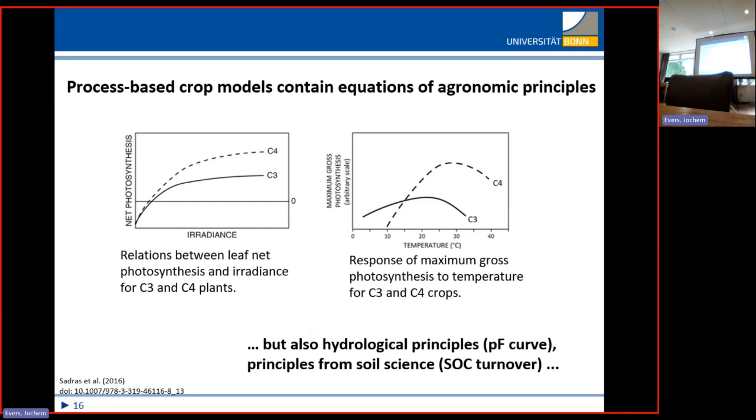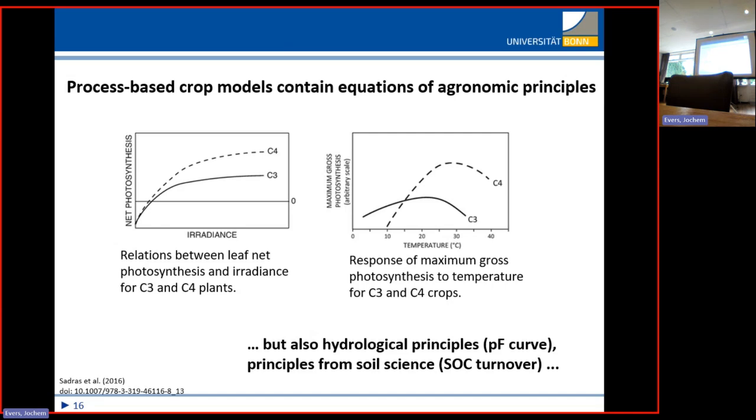So we have biological knowledge brought into equations, and these equations are connected to each other and build up the model. And it's not only agronomic principles, but also hydrological principles like a water retention curve, or from soil science like soil organic carbon turnover pools.